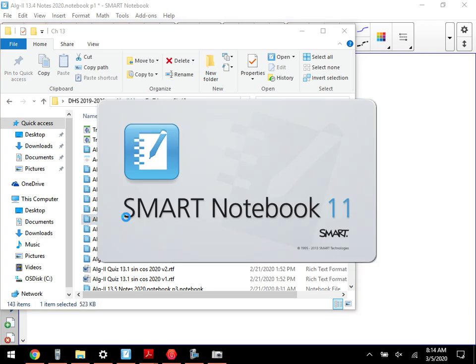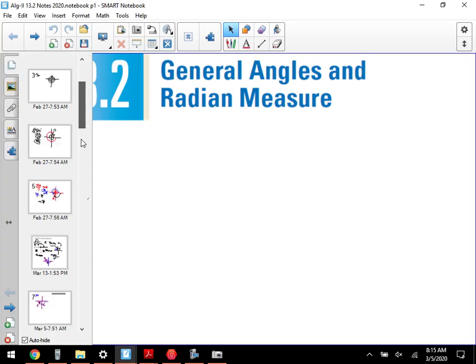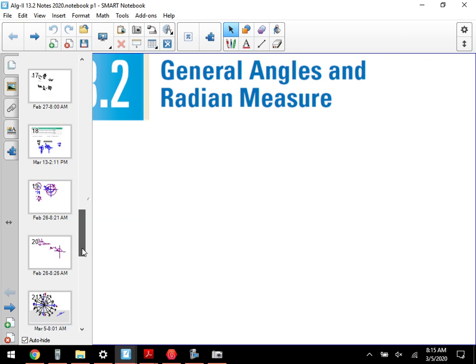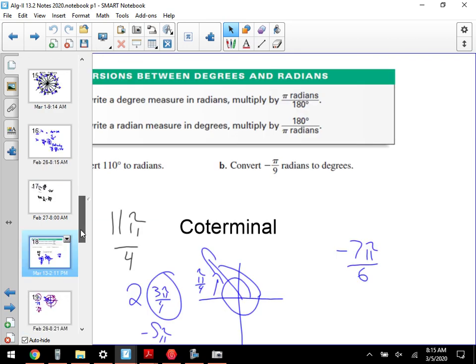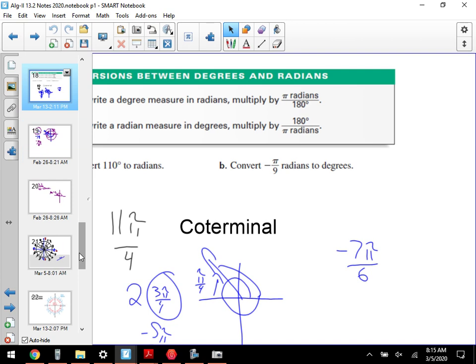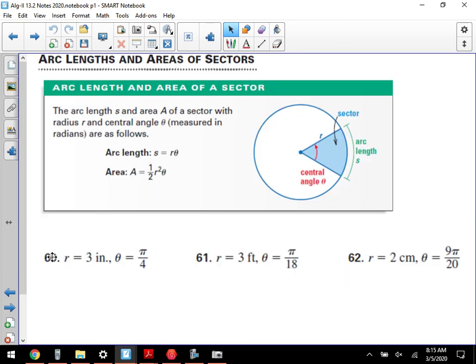So remember when you did areas of sectors and arc length, we would use one set of values and just do it twice, to find the arc length and the area of the sector. When you're doing arc length, remember arc length was just radius times theta.